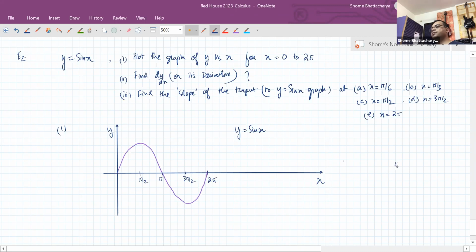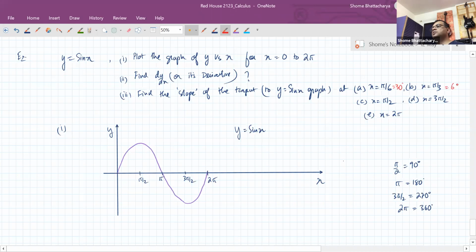Also, of course, you know that pi by 2 is equivalent to 90 degrees. Pi is equivalent to 180 degrees. 3 pi by 2 is equivalent to 270 degrees. 2 pi is equivalent to 360 degrees. So for example, pi by 6 is the same as 30 degrees.